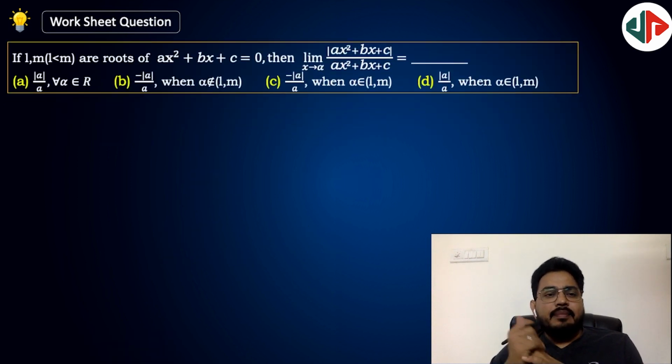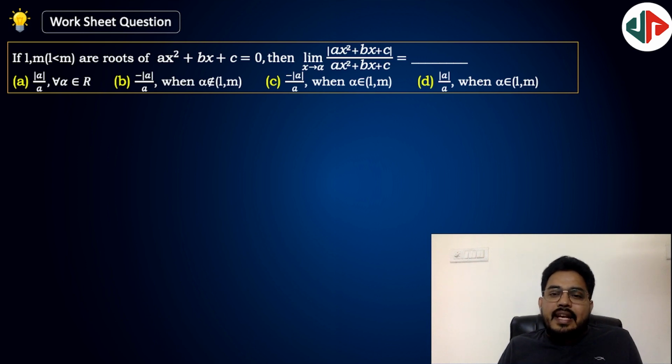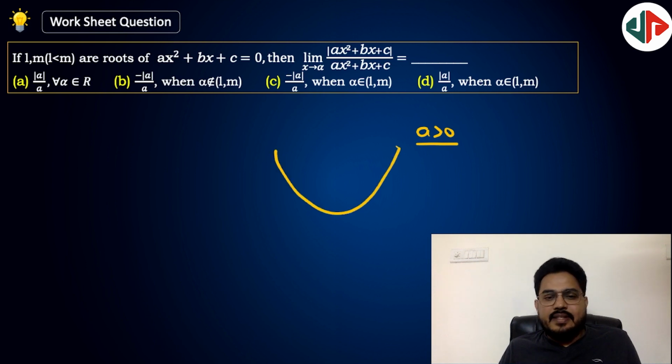L and m are the roots of the equation ax square plus bx plus c is equal to 0. Then limit x tending to alpha, what is this? See, let us assume a is greater than 0. If I take a as greater than 0, the ax square plus bx plus c curve will be like this.